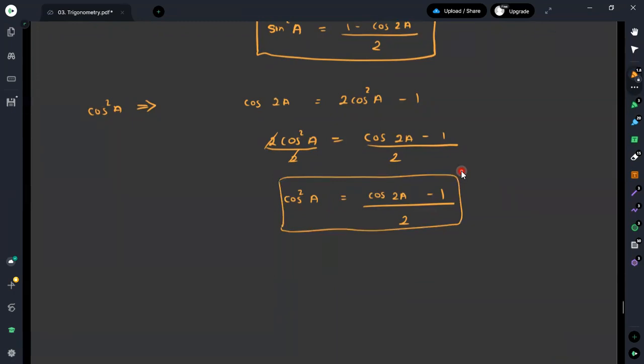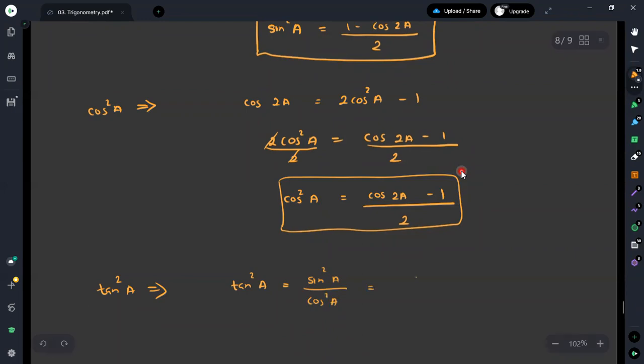Thereafter, we are asked to obtain an equation for tangent squared A. Instead of tangent squared A, what we can simply say is that it is equal to sine squared A divided by cosine squared A. Now we have obtained two equations separately.